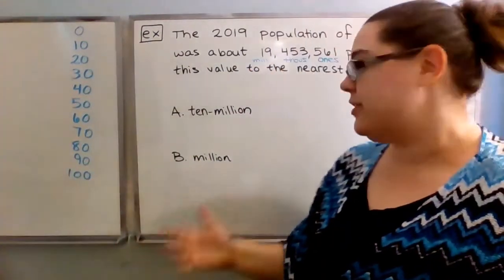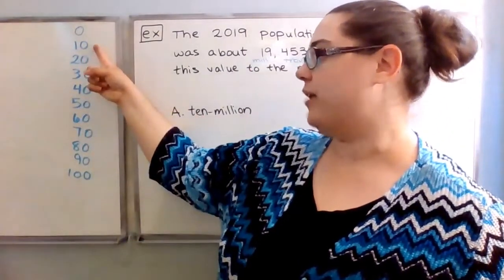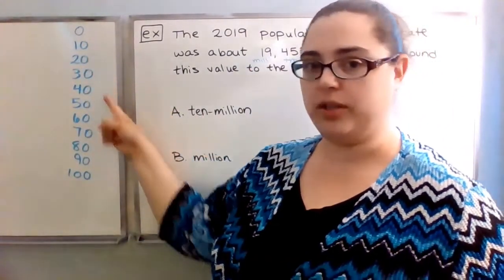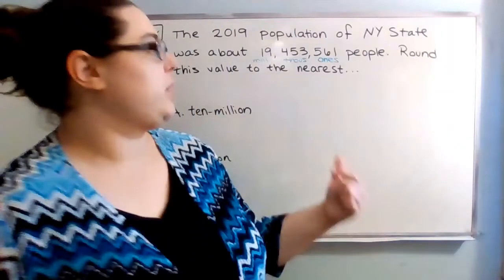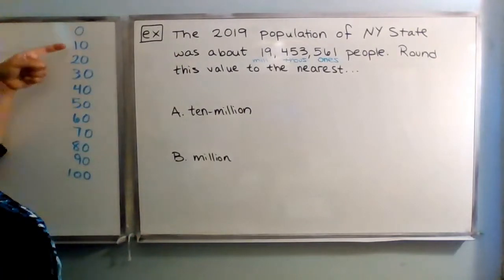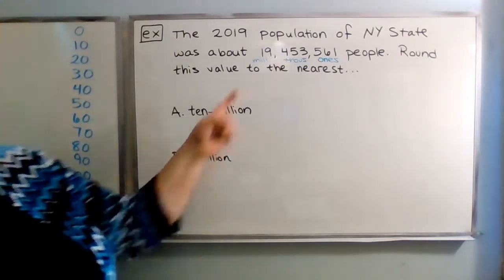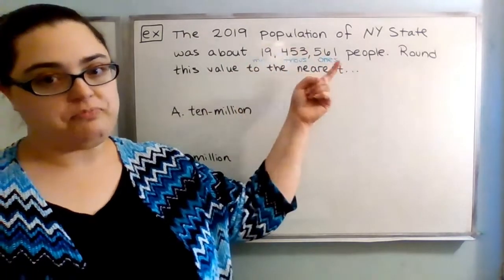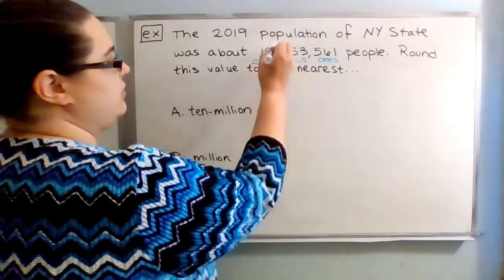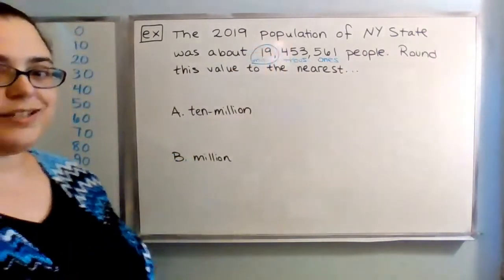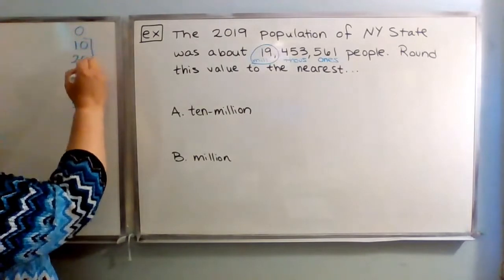And when we're rounding to the nearest 10 million, what we're really doing is we're thinking no million, 10 million, 20 million, 30 million, 40 million, and so on. So we want to figure out which of these numbers this number is closest to. The way I think of that, well, we've got about 19 million. So 19 million is in between 10 million and 20 million.